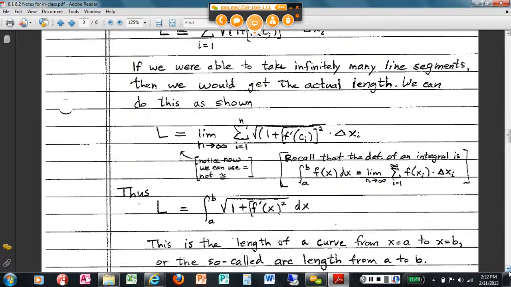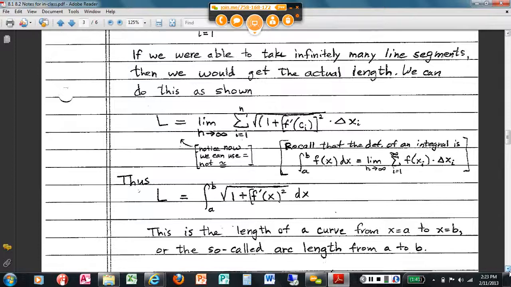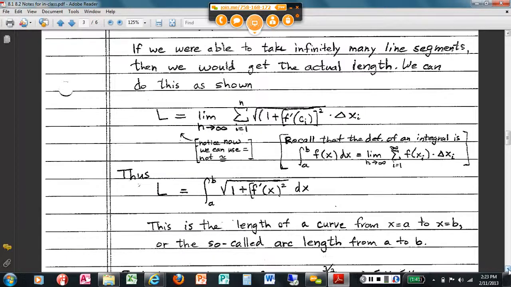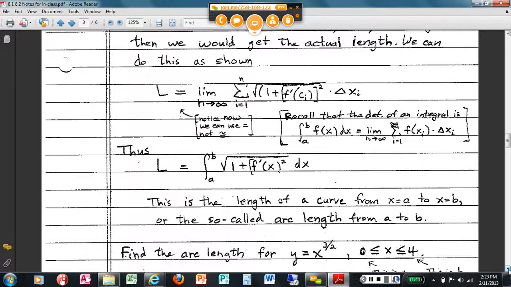Maybe not so simple, but anyway, this will find the length of any curve you want, f prime, that's your curve from a to b. It's the square root of 1 plus the derivative squared, not the function squared, it's the derivative squared, square rooted. So that's the arc length that we're talking about. Arc length equals the integral from a to b, square root of 1 plus the derivative squared, dx.